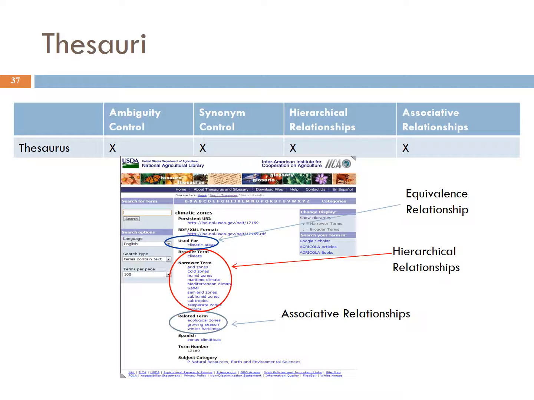Now, the full-fledged thesaurus is the most complex of the controlled vocabularies in that it includes all of our identified types of semantic relationships. So thesauri are usually focused on a particular subject area, be it broad or narrow, such as the Library of Congress Thesaurus for Graphic Materials, also the Thesaurus for Geographic Names, and the Getty Art and Architecture Thesaurus.